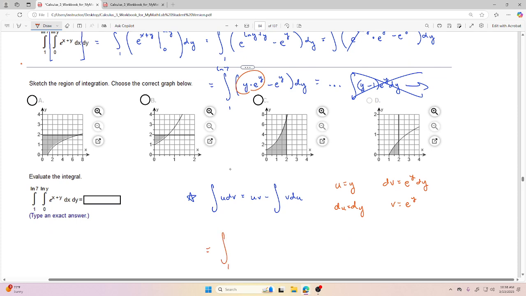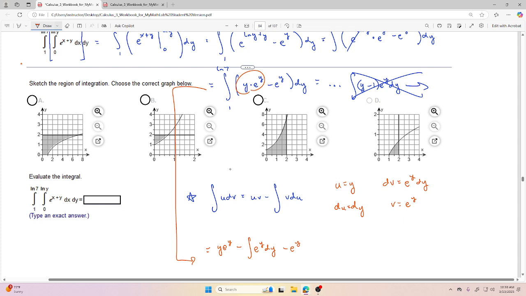So I got, actually, I'm just going to integrate it now. I can just do that. So here's my new integral. For the first part, uv, so y e to the y, minus integral of v du. And then what's my integral of e to the y?